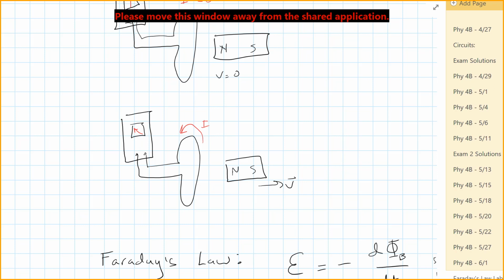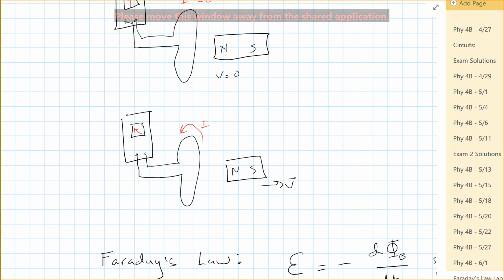Well, the particle doesn't really care whether the field is stationary and the particle is moving, or the particle is stationary and the field is changing, right? Either way should produce a similar effect.